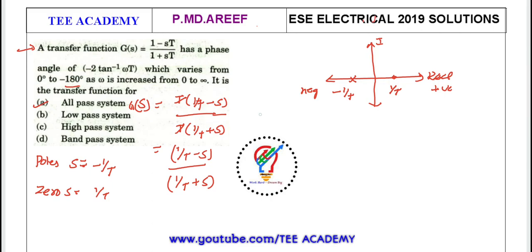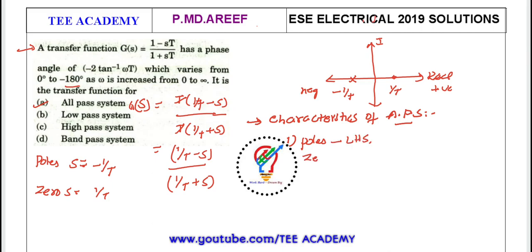Among the options, the answer is all pass system. I will give the reason why it is an all pass system. The characteristics of an all pass system: the first one says that the poles should lie in the left half of the S plane and zeros should lie in the right half of the S plane. So these two satisfy this condition.